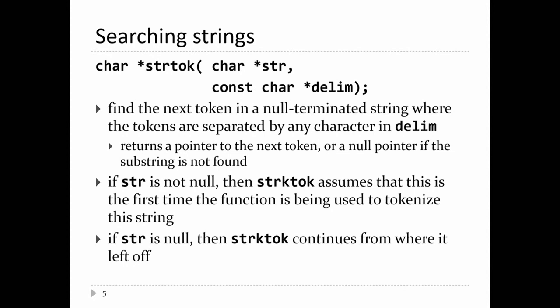It returns a pointer to the next token that it finds in the string, which is strange. It returns a pointer to the next token, or a null pointer if it does not find the next token, in other words, if it does not find a delimiter character somewhere in your string.